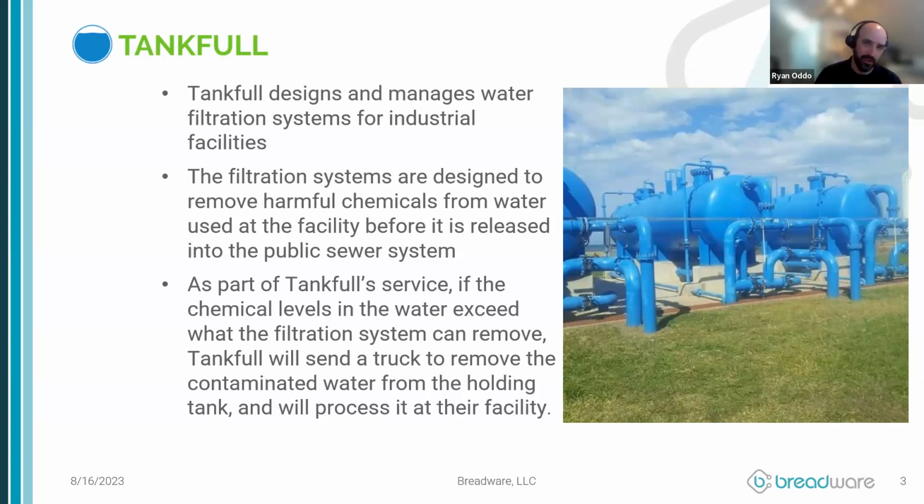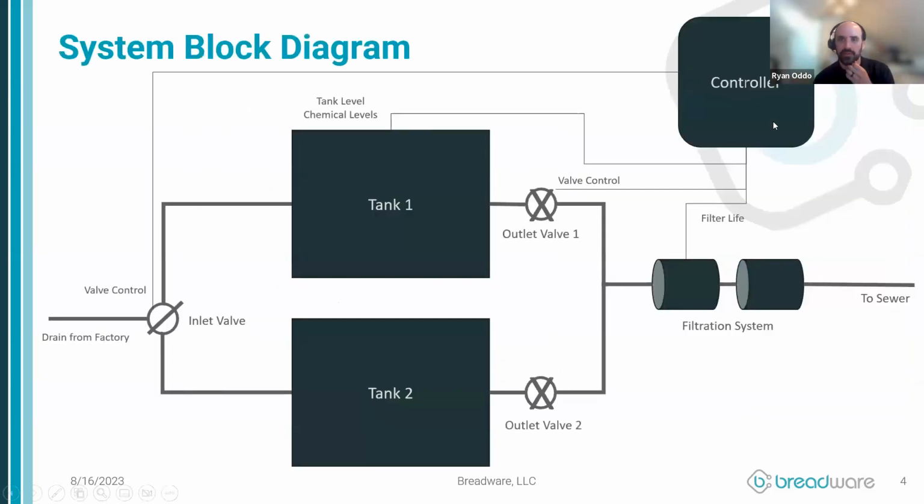And so part of Tankful's service is that if the chemical levels do exceed what the filtration system can handle, then Tankful will come out and bring their tanker truck and drain the tank, and then they can process the water at their facility where they have a more advanced filtration system.